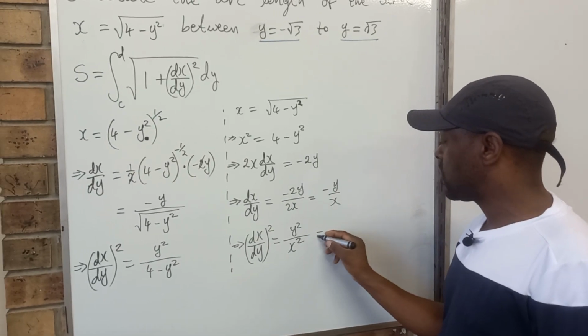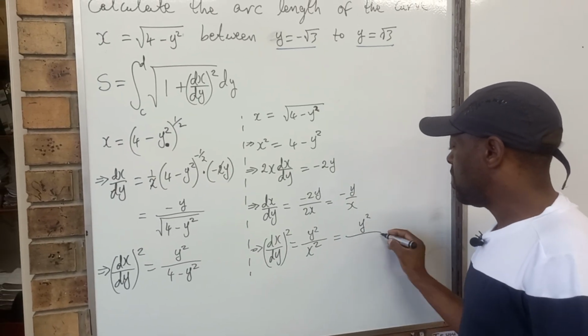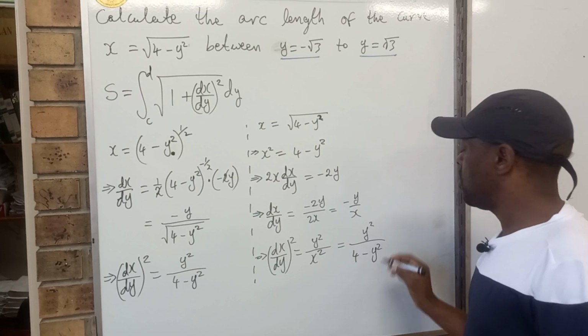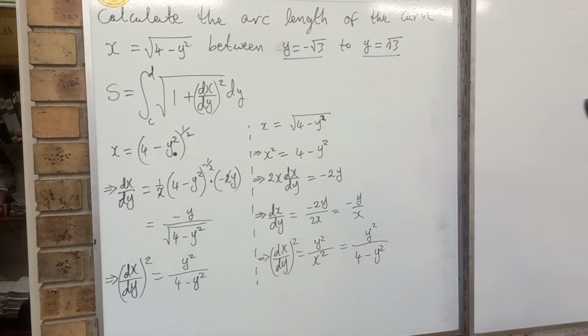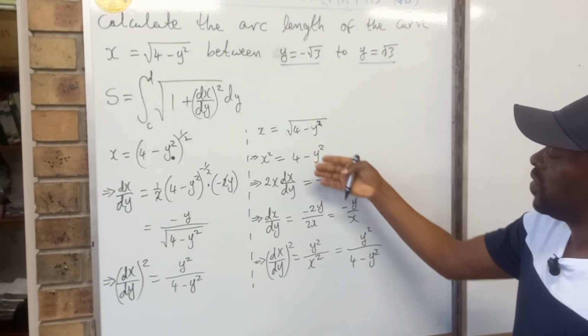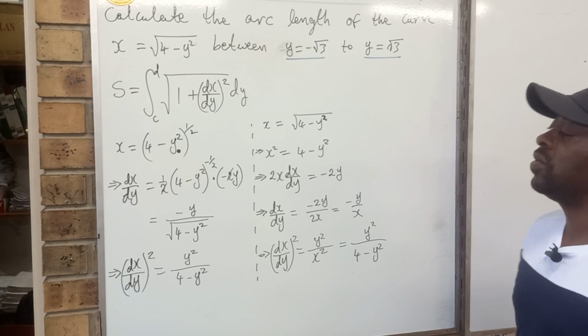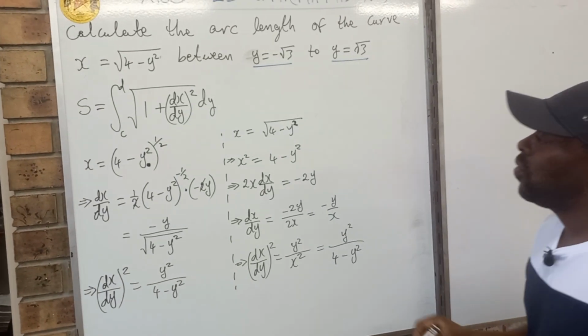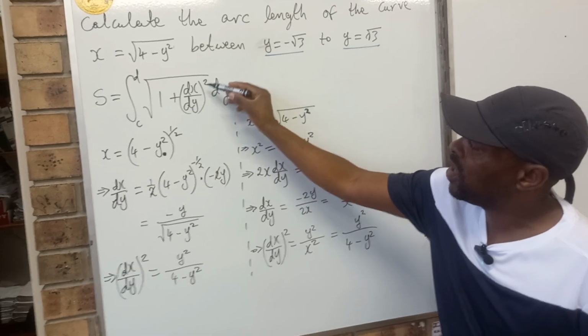So x squared is 4 minus y squared, and we arrive at the same place. You can choose to first square both sides, use implicit differentiation, or use the chain rule. So we are done with dx over dy, all squared.